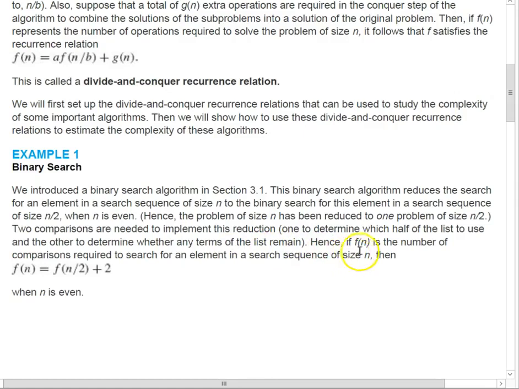Hence, if f of n is the number of comparisons required to search for an element in a search sequence of size n, then f of n is equal to f of n divided by 2 plus 2 when n is even. That is, a is equal to 1, b is equal to 2, and g of n is equal to the constant function 2.